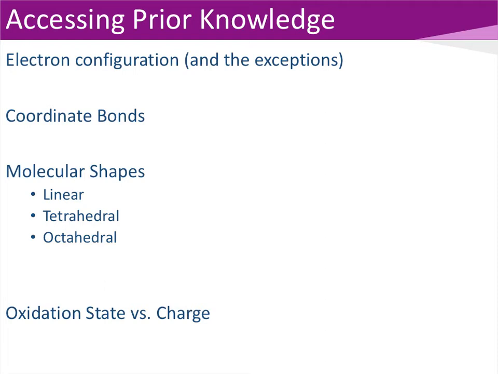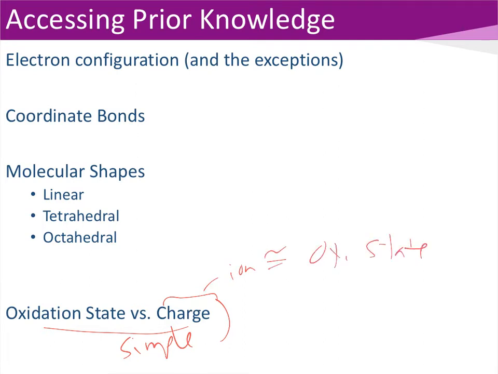And helpful to remember the idea of oxidation state and charge on a simple level. We'll do more on oxidation state in topic 9 when we study oxidation and reduction. But generally speaking, for a metal, the charge on the ion is roughly equivalent to the oxidation state. And that's a good working definition for now.